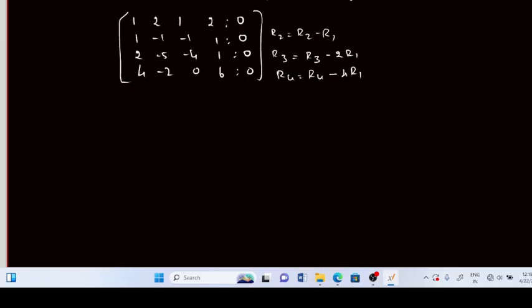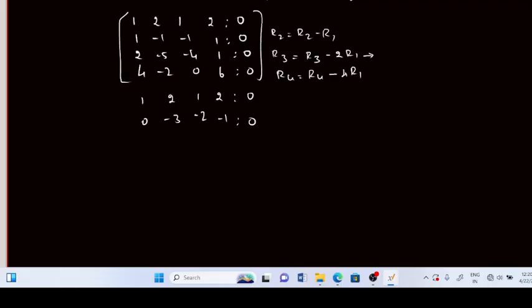The first row we write as it is: 1 2 1 2 0. For R2 minus R1: 1 minus 1 is 0, -1 minus 2 is -3, -1 minus 1 is -2, 1 minus 2 is -1, 0. All are negative, so we can write them as positive values.